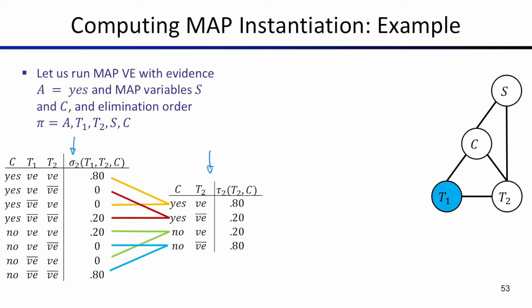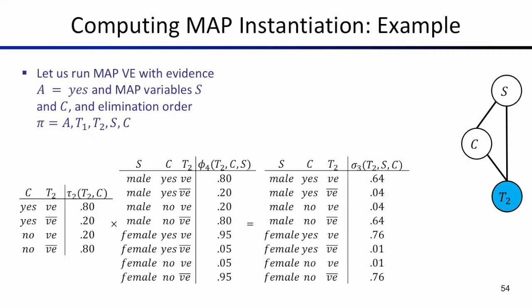No other factor is going to mention T1 anymore. We're going to continue with the elimination of the next variable, T2. In order to eliminate T2, we have to multiply the factors that mention it. We have this new factor tau 2 that mentions the variable T2, and also this factor here, phi 4 in the original network, that also mentions T2.